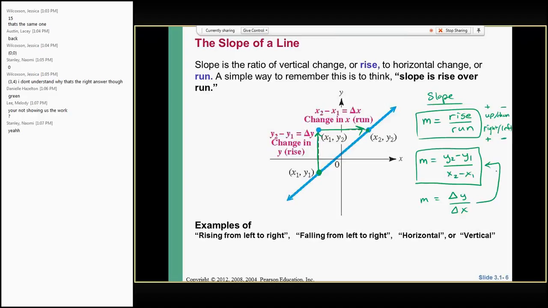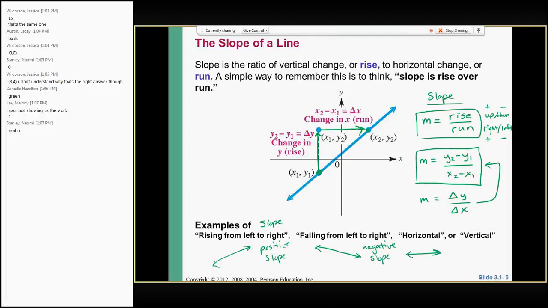Now, examples of slope: a line rising from left to right would have positive slope. Falling from left to right will have negative slope.